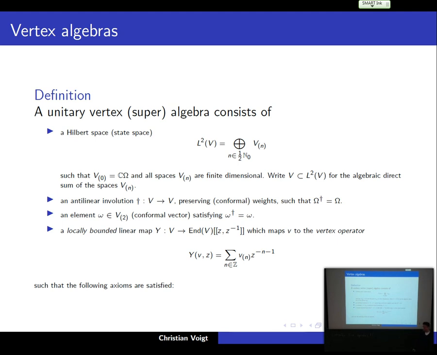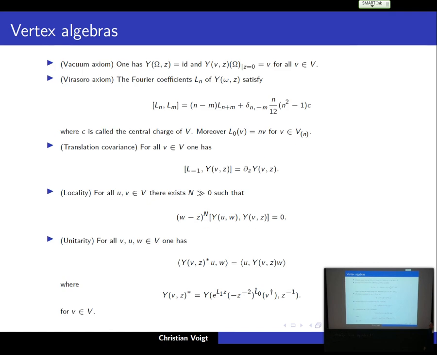So in a sense, vertex algebras are generalizations of commutative algebras, and we are looking here at the vertex algebraic version of commutative C-star algebras. Passing from algebras to C-star algebras is like passing from vertex algebras to unitary vertex algebras. Here are the axioms.